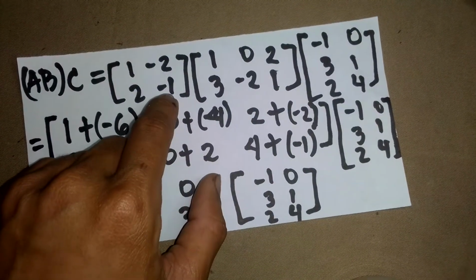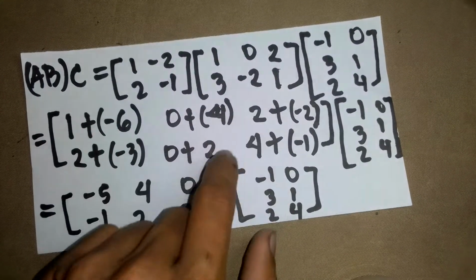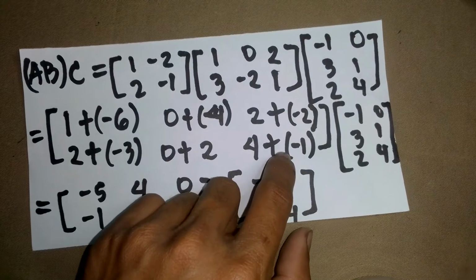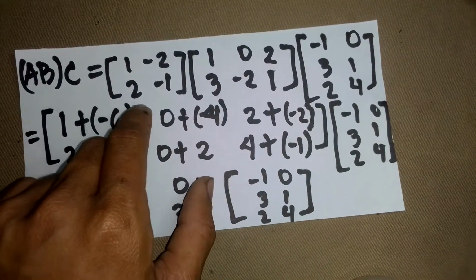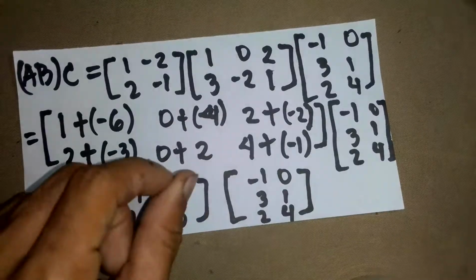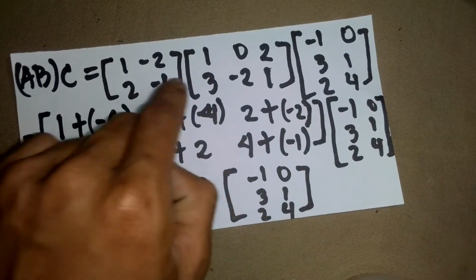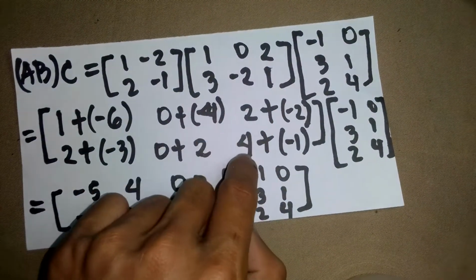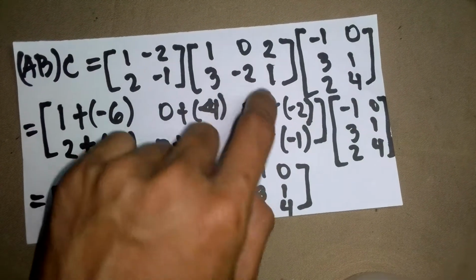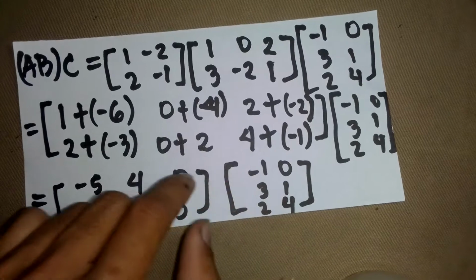We multiply negative 1 by negative 2, which is equal to 2. For the last element, we multiply the second row to the third column. We multiply 2 by 2, which is equal to 4. We multiply negative 1 by 1, which is equal to negative 1.